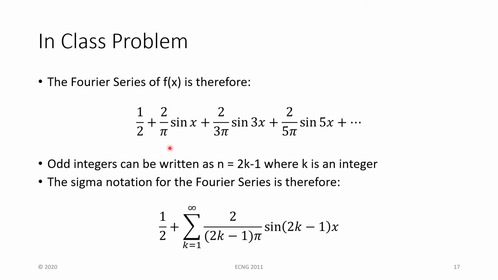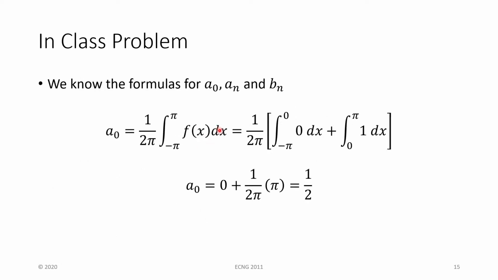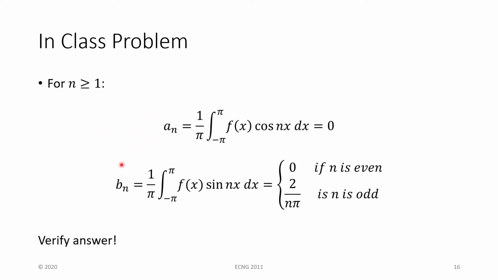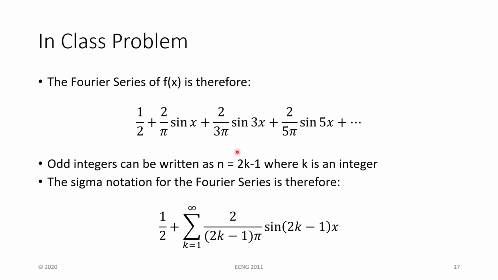So basically, your question, if you get one in exams, will basically end such that you solve for A0, A of n, and B of n accordingly. And if you're required to write up the Fourier series, basically you just write it out like it's going to be an expansion theory problem.